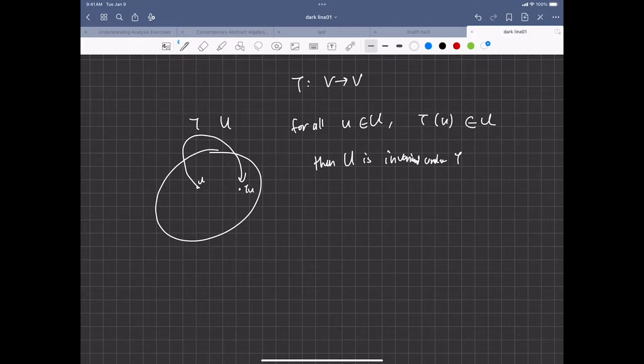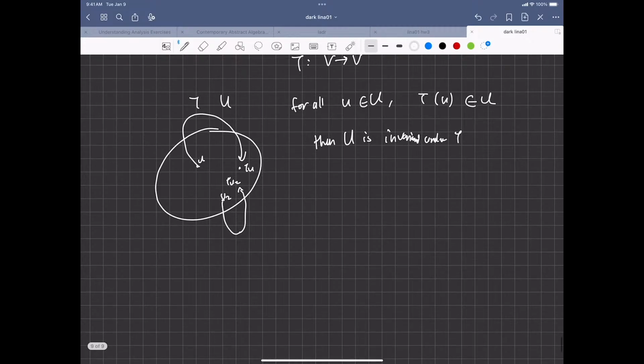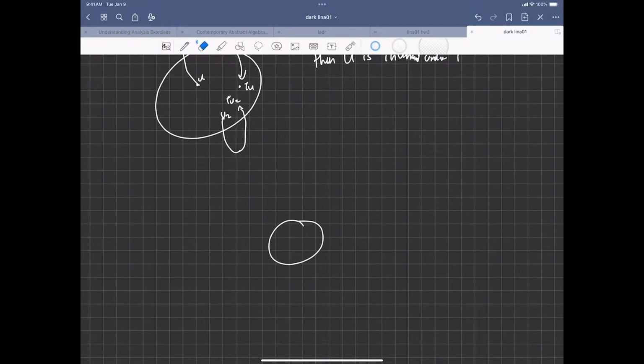We're just saying that if we have elements of the subspace, let's say this is u2, and we apply T to it, it stays inside U. Let's give an easy example of an invariant subspace.